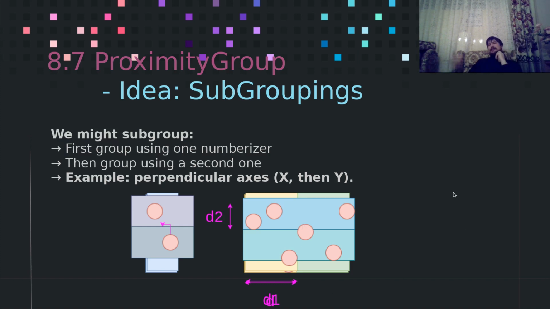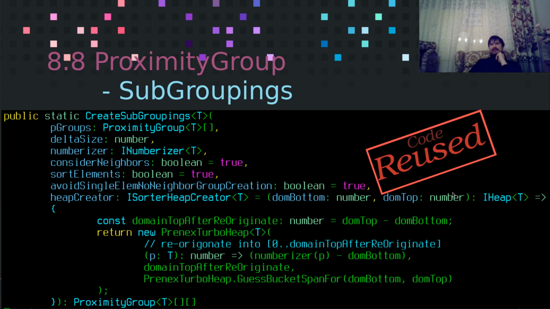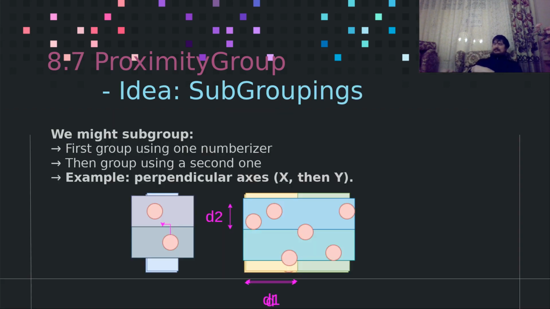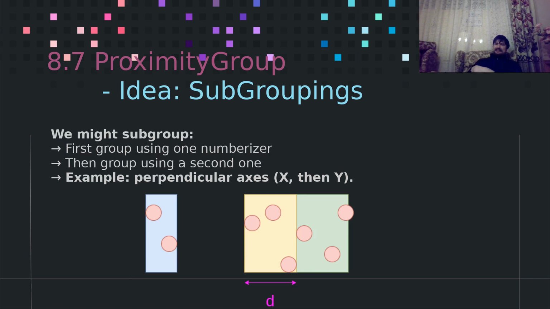Because the algorithm has this flag, consider neighbors, and by default that's true. Why is it true? It's for the same thing that I mentioned before when I was telling about mixing neighbors. This makes mixed neighbors part of the subgrouping, because just imagine that there are some elements that are very close to each other.